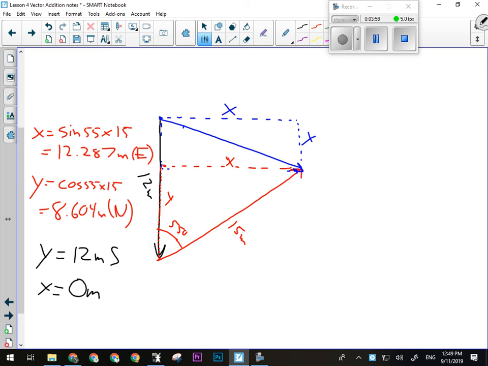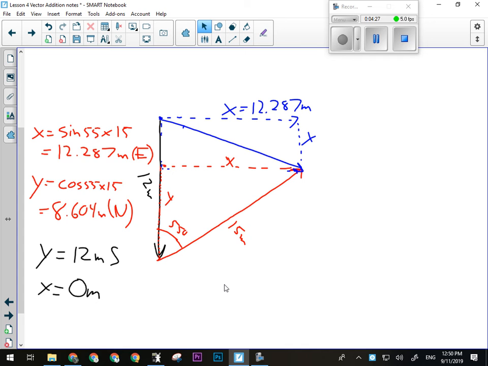So now that we have those, we can find our resultant's x and y. Blue x is equal to red x, which is 12.287 meters. That saves me a fair amount of time, and that's east. To find blue y, I'm going to take the 12 meters south, and then subtract the amount north that I went when I was coming back along the red vector.